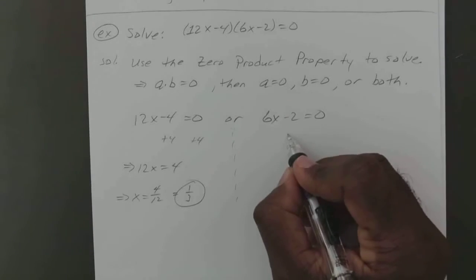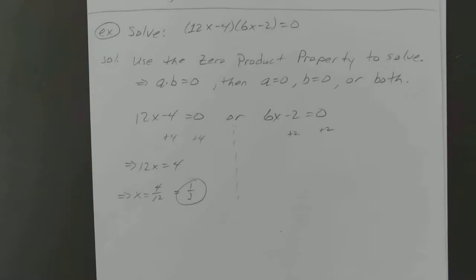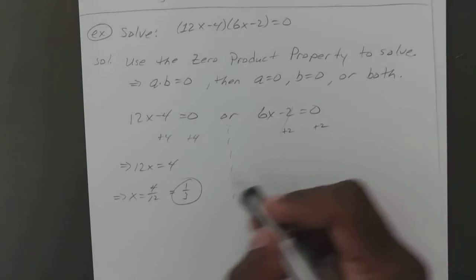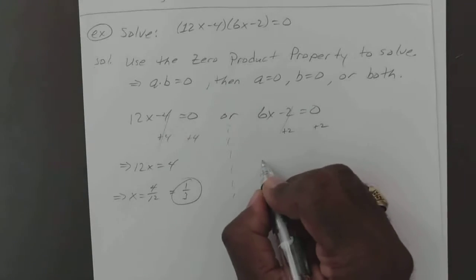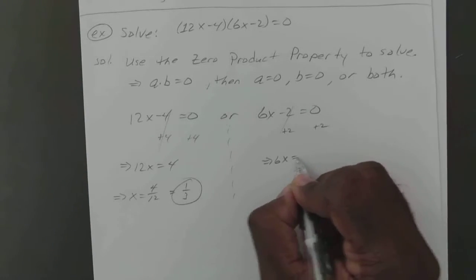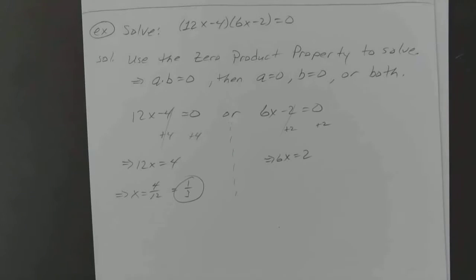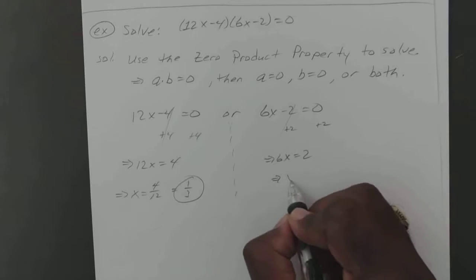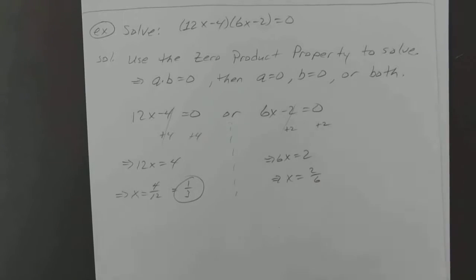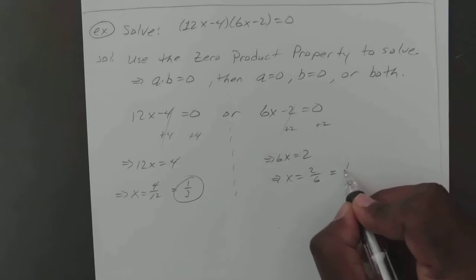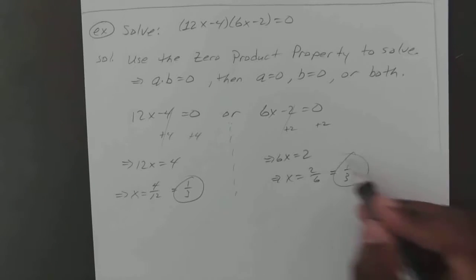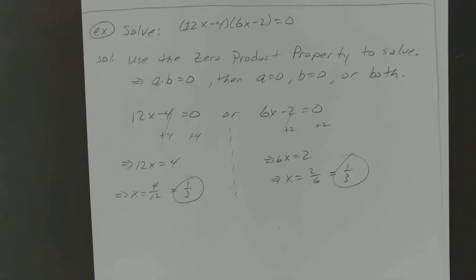And for this one, if we add 2 to both sides, that cancels out, and just like that one. So you have 6x equals 2. Divide both sides by 6. You get x equals 2 over 6, which is also equal to 1/3. That doesn't happen all the time, but it does happen occasionally, where you get a repeated answer.